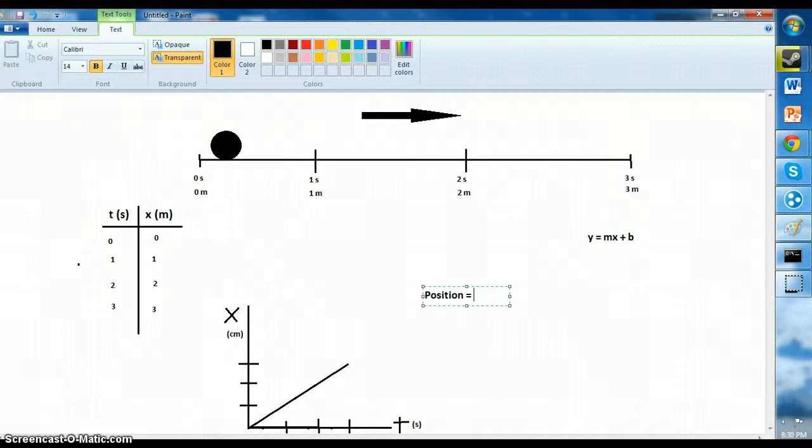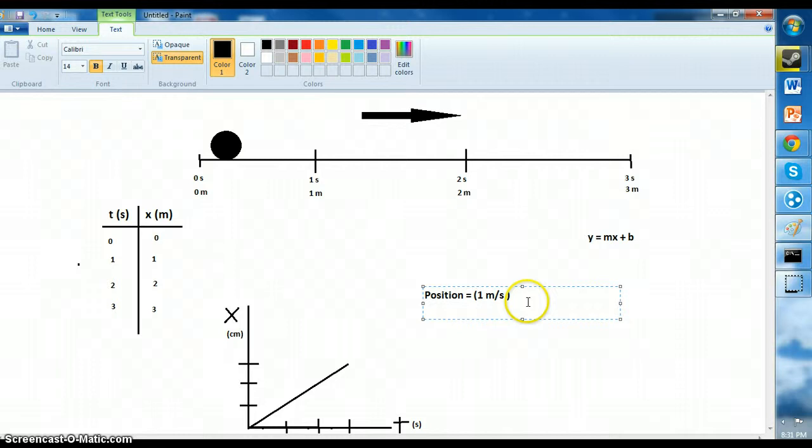So then we're going to have in parentheses 1 meter per second. So it's going to be 1 meter per second, and we are going to multiply that by time, because this is our x, so we have to match equation with equation.